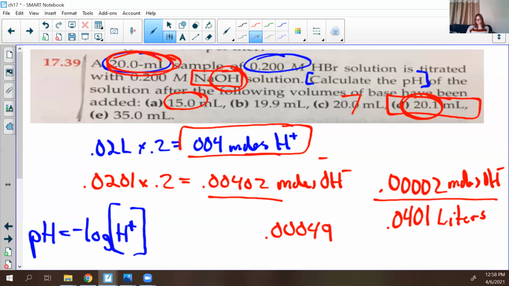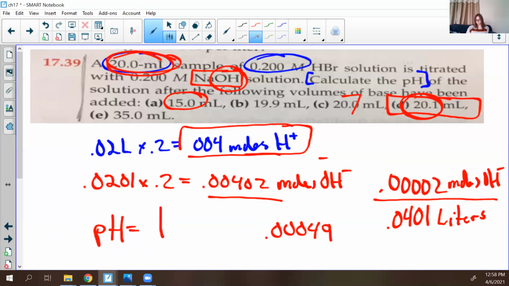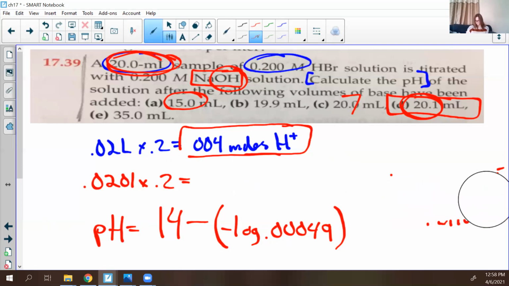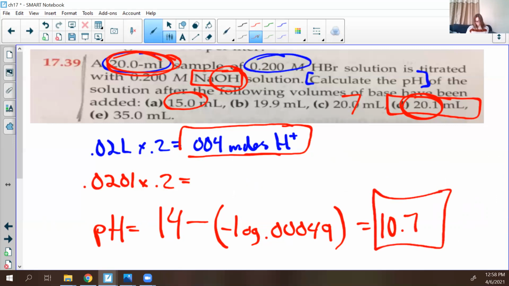I'm going to rewrite this a different way. I'm going to say that pH equals 14 minus the negative log of this thing, because we're going to find the pOH, so remember to subtract from 14.